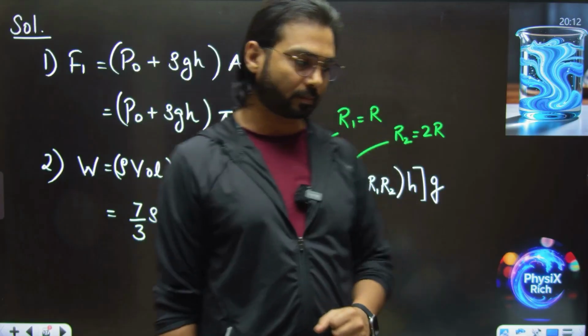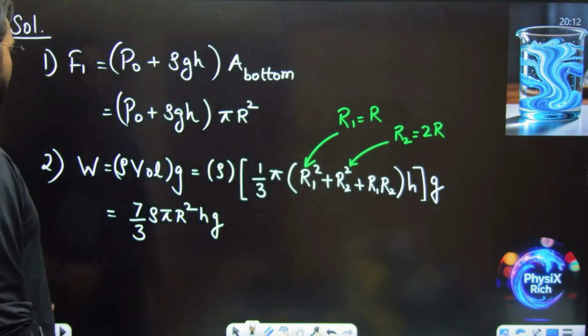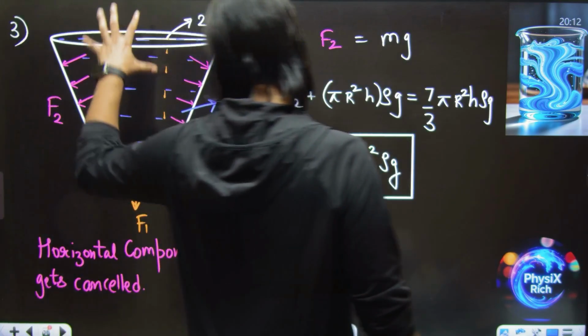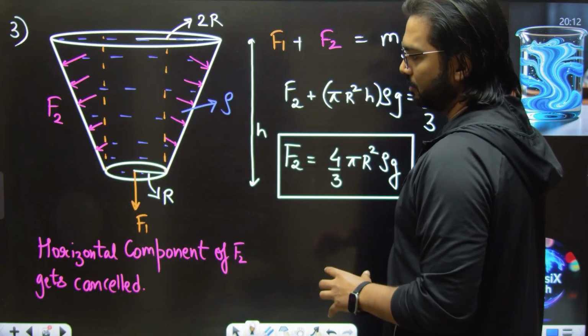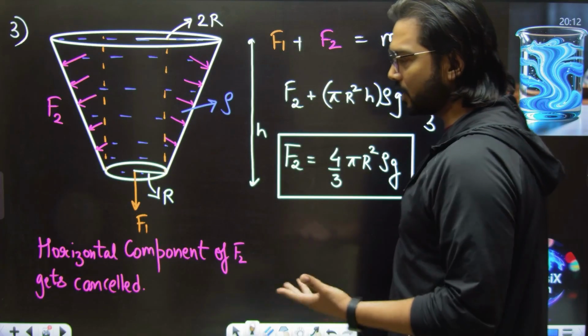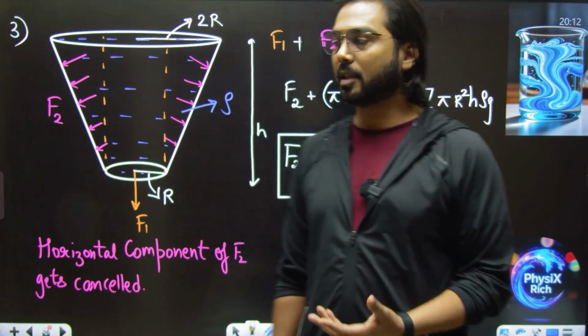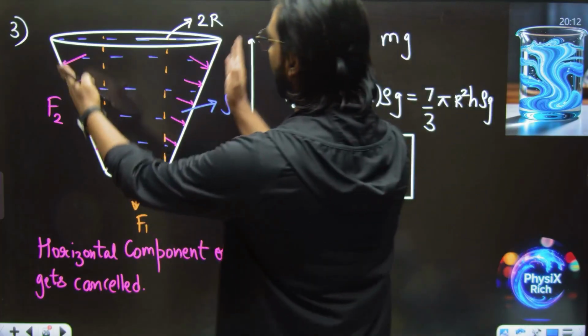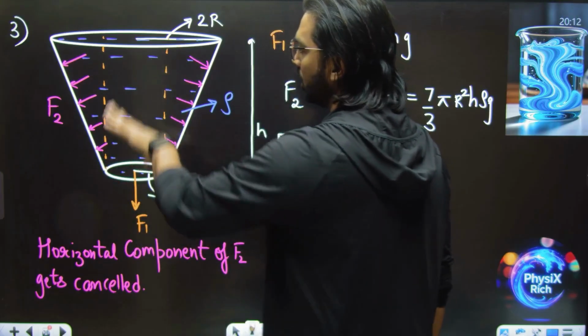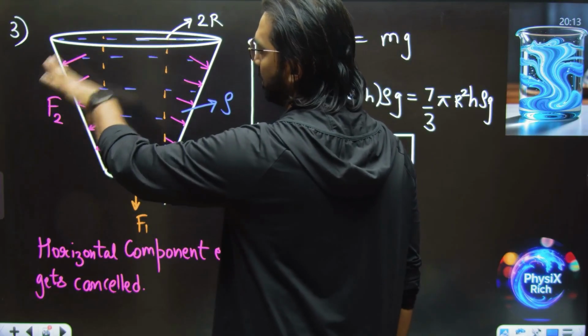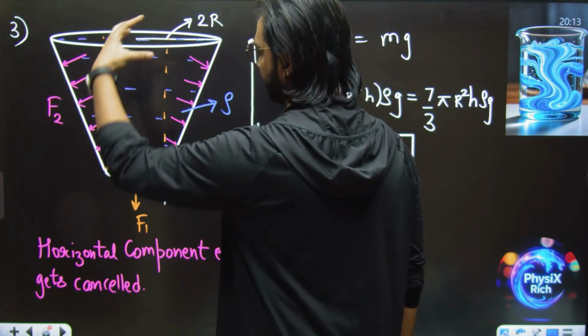All right. Now, my dear students, the fact is that this weight is going to be supported by what? What is this weight going to be supported by? It's going to be supported by the walls of the container. Okay, these pink arrows show the force which is applied by the liquid on the walls of the container.